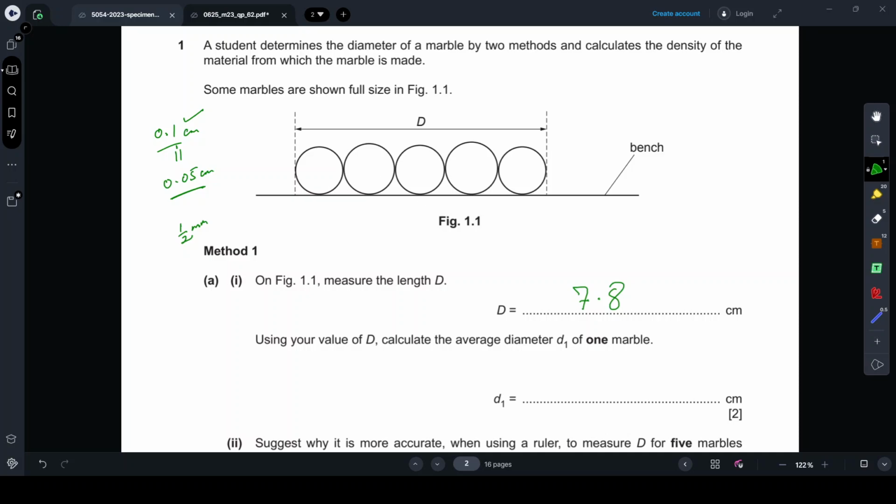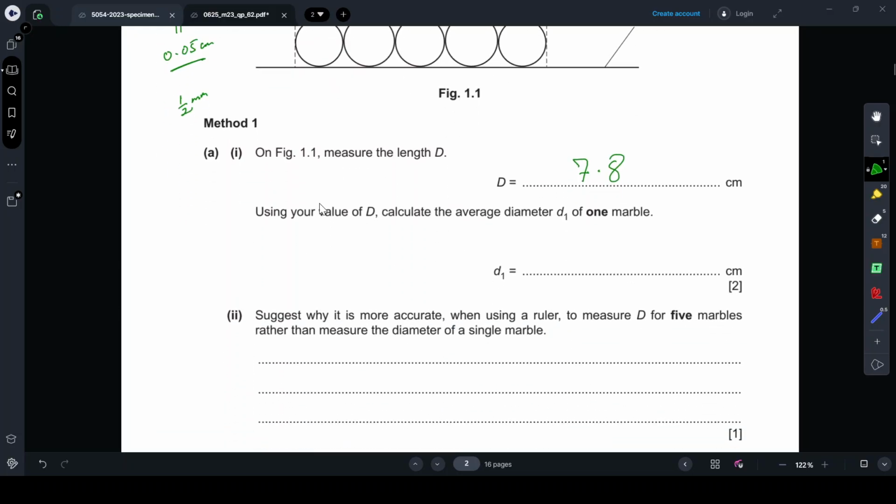I'm assuming, because that's the answer, it's coming up to exactly 7.8. Students should not be getting varied answers over here, because it's a very fixed drawn line, so you just put your scale next to it and measure.